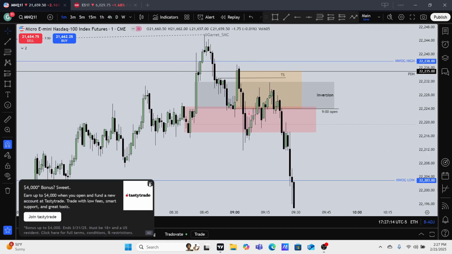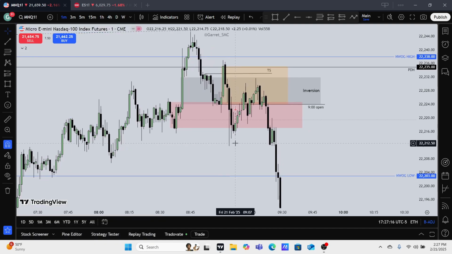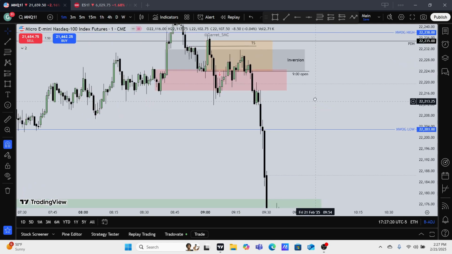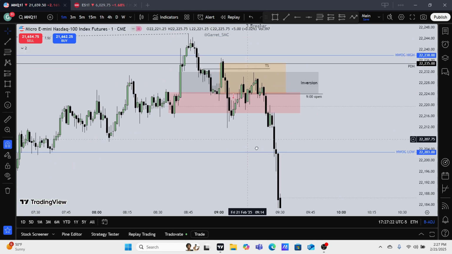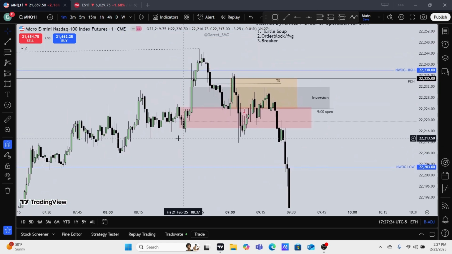And so why I was confident in taking a position pre-market before the 9:30 opening was because we swept a key higher time frame level. We created an SMT at the highs. We then had a turtle soup, an order block.